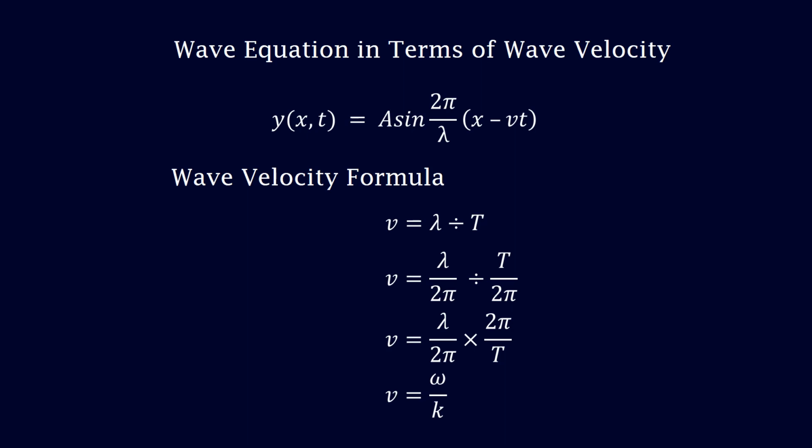Therefore, we get v = λ/2π × 2π/T. Since 2π/λ is k and 2π/T is ω, we get the equation for the velocity of the wave, v = ω/k. These equations provide a comprehensive understanding of wave displacement and velocity, allowing us to explore the intricate dance of progressive waves through space and time.